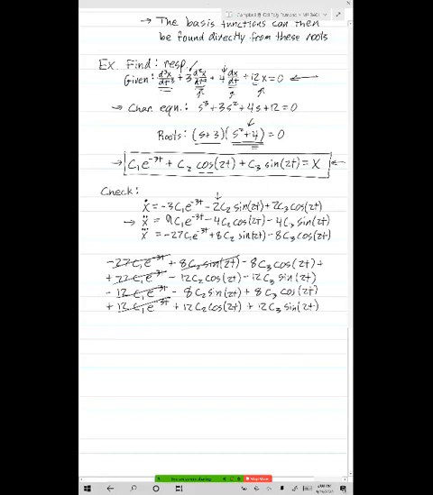So clearly this cancels with this, and this cancels with this. And we can see the same pattern developing in this third kind of column, if you want to call it that. And then this cancels with this, and sure enough, we get 0. We get 0 from a third order LTI ODE.